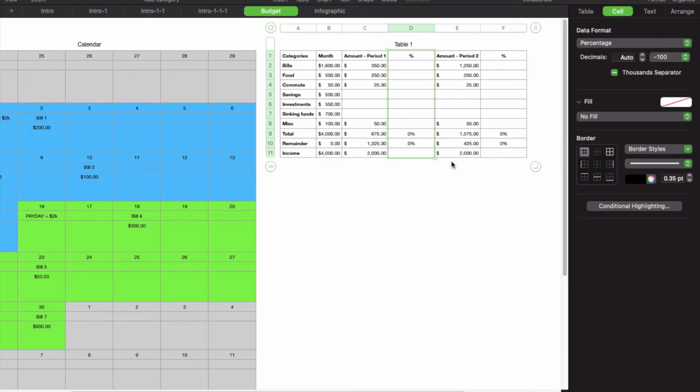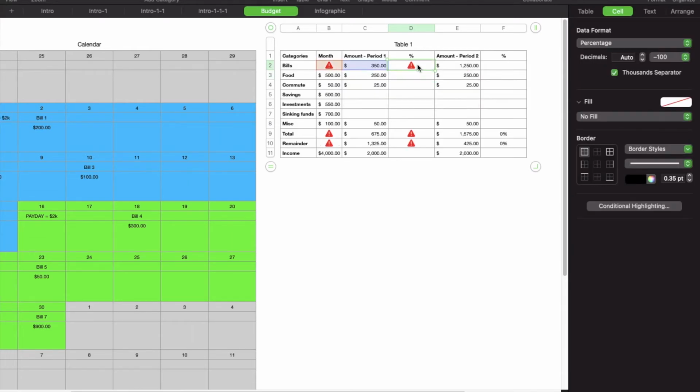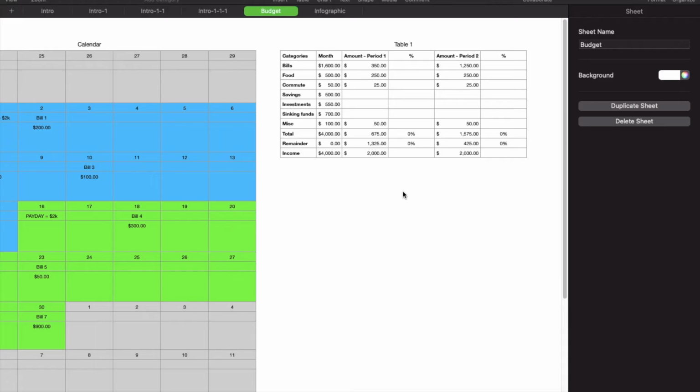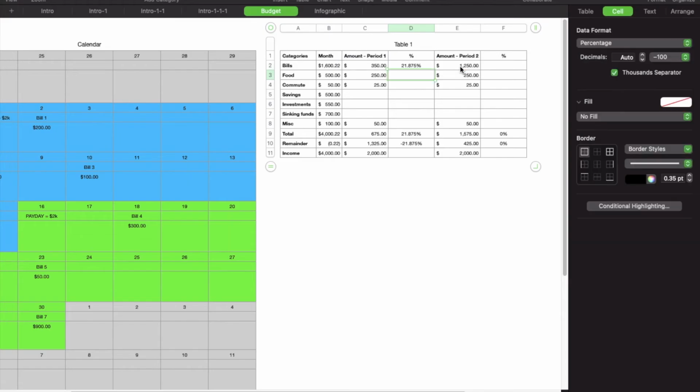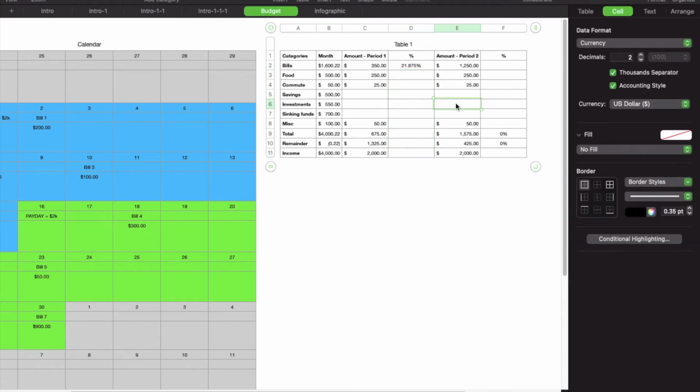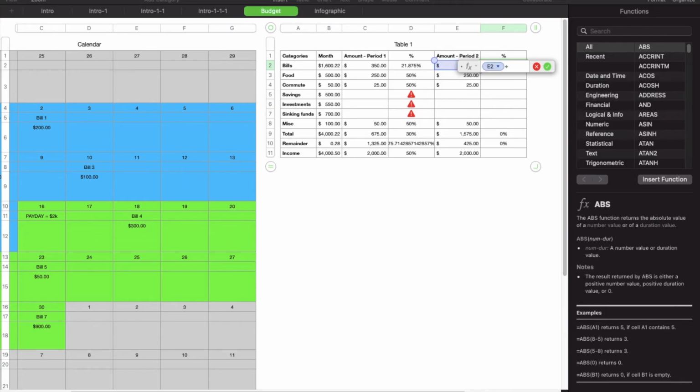What we're going to do with these percent columns is look at each monthly line item and figure out what percent of that comes from period 1 versus period 2. For instance, for bills, we have $1,600 monthly, and around 22% of that is coming from period 1, and around 78% is coming from period 2.